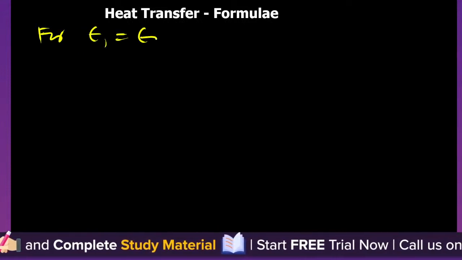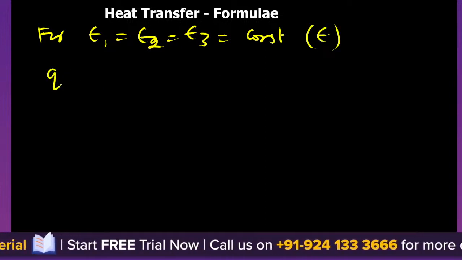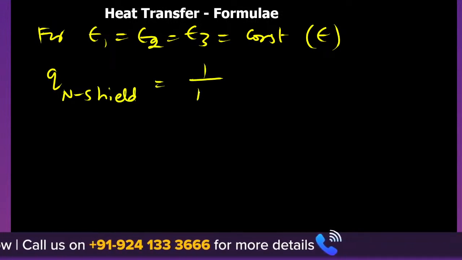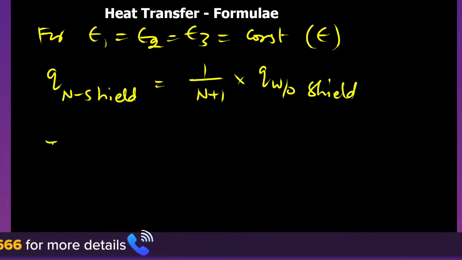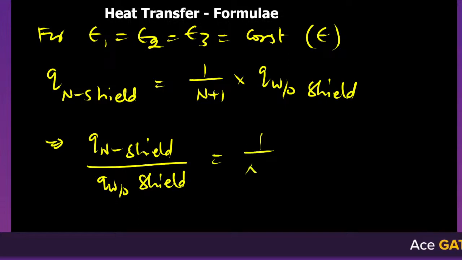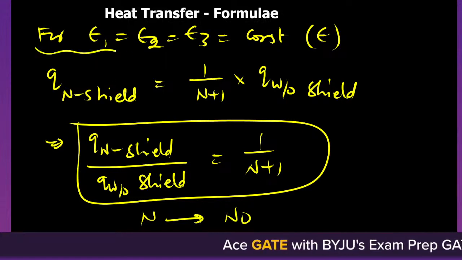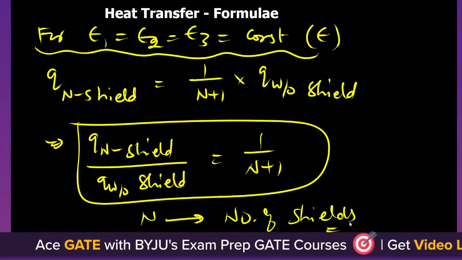And if we take a special case, epsilon 1 is equal to epsilon 2 is equal to epsilon 3 is constant, that is epsilon, then Q for N shield will be equal to 1 upon N plus 1 into Q without shield. So the ratio Q for N shield divided by Q without any shield is 1 upon N plus 1, where N is the number of shields, if the emissivities are same for each and every surface.